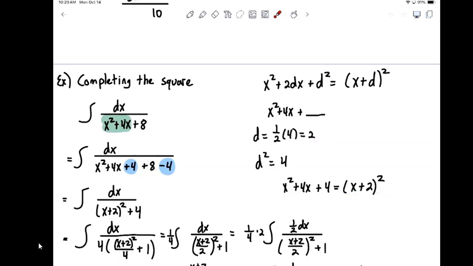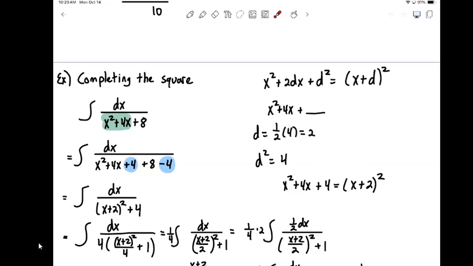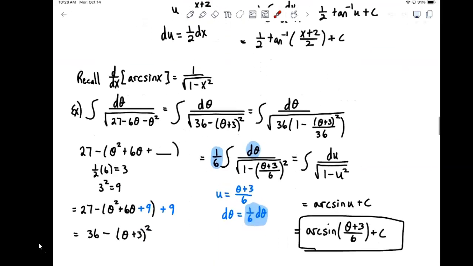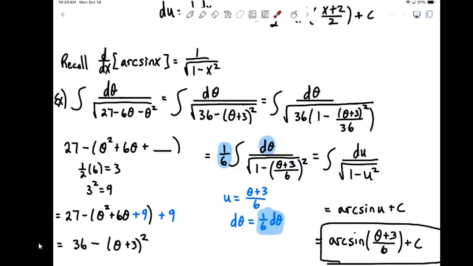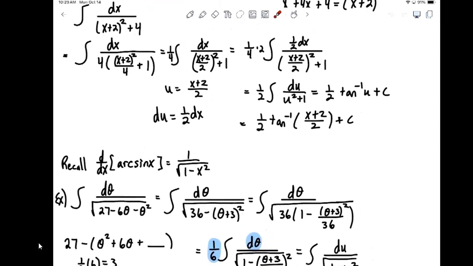So we did a few examples with completing the square previously. We also saw a second example when we eventually had to work with the arc sine. Those techniques that we had to do there with arc sine, try to get it to fit the arc sine derivative, those are no longer necessary now that we have our trig substitution.